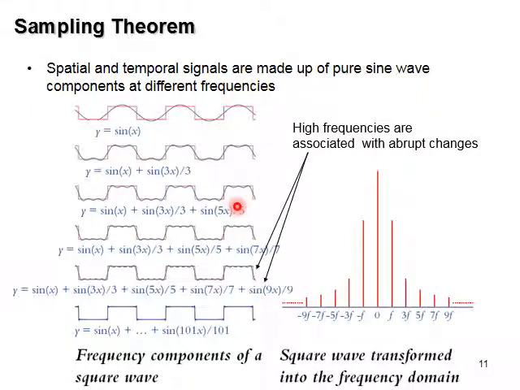Now when you add sine 5x over 5, it gets more steep. Sine 7x, and when we went up to sine 101, we have this very sharp transition from low to high. So the high frequencies are always associated with the sudden changes that happen in the signal. Just remember this property because we will need it in some other cases.